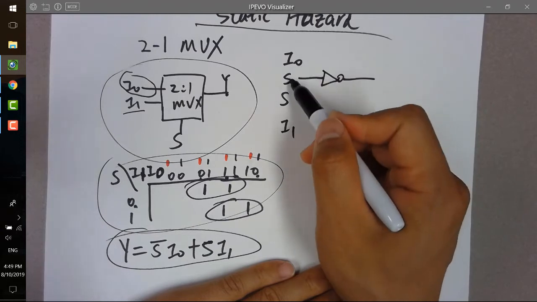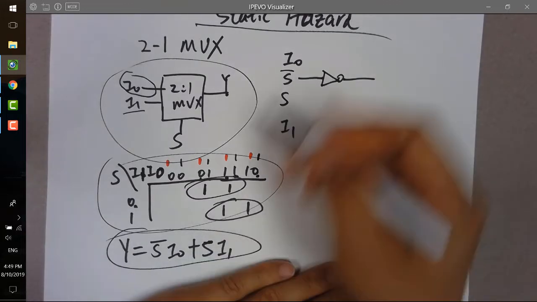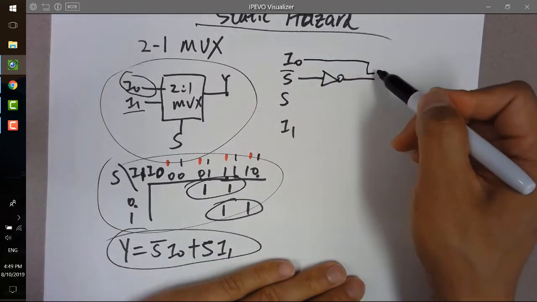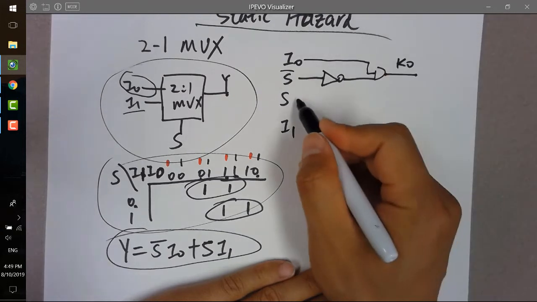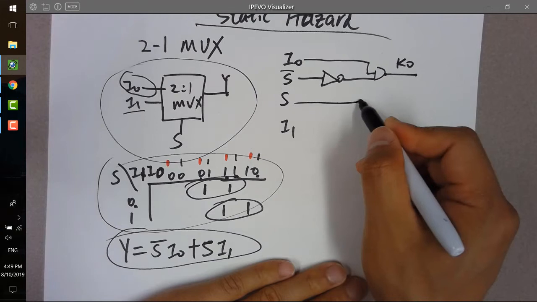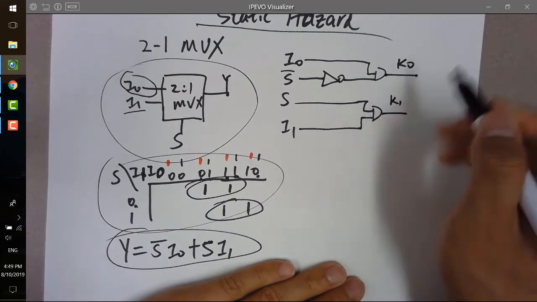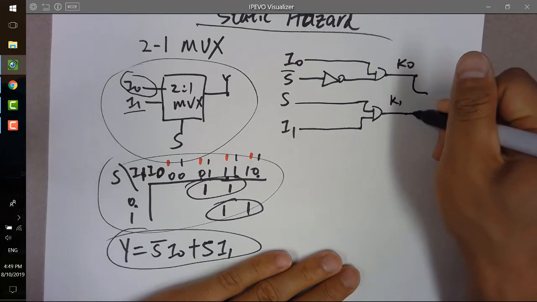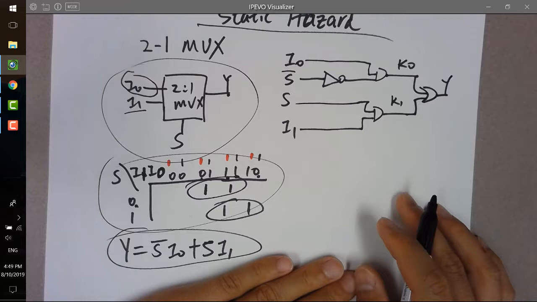So S bar and I0, you AND them together, and you get a signal called K0, and S and I1, you AND them together, you get signal K1, and then finally K0 and K1 are ORed together, you get Y, which is the final result.